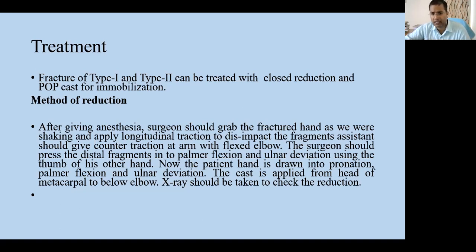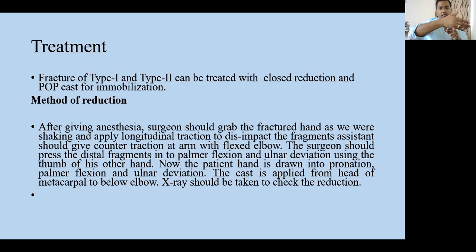We already discussed how to apply the POP cast, and after the POP cast, just a little bit of palmar flexion and ulnar deviation. Just like we shake a hand, you have to fix that hand after reduction in that position, just like you are shaking hands.